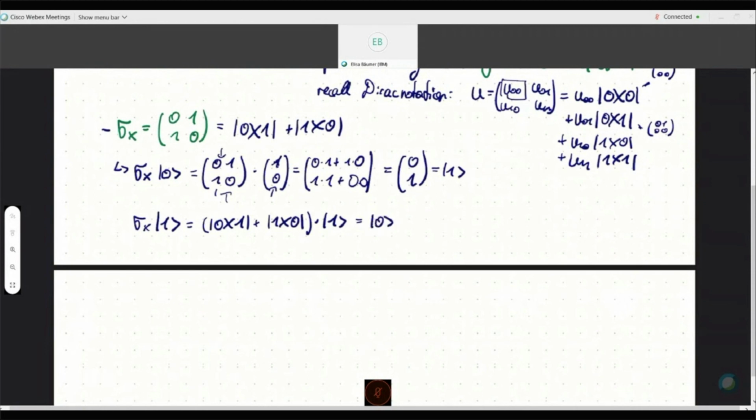It's linear, so we just write |0><1|1> plus |1><0|1>. And now what we can notice is here we have the inner product of 1 and 1, which is 1. Here we have the inner product of 0 and 1, which is orthogonal, therefore 0. So the second part is 0, and we only have state 0 left.